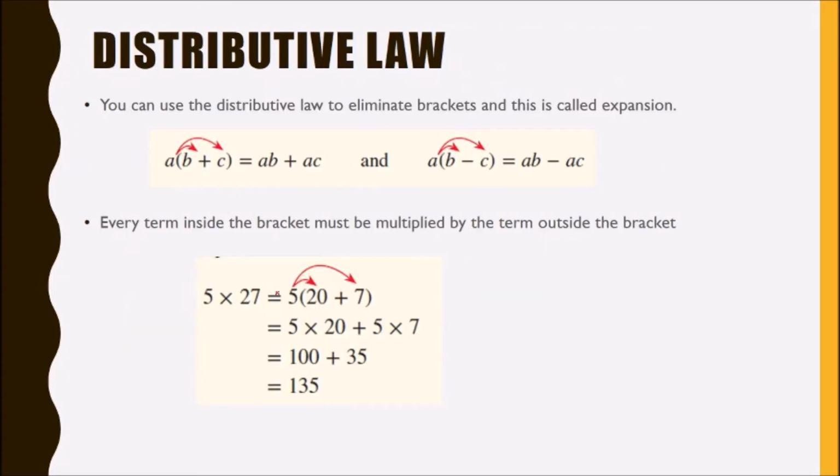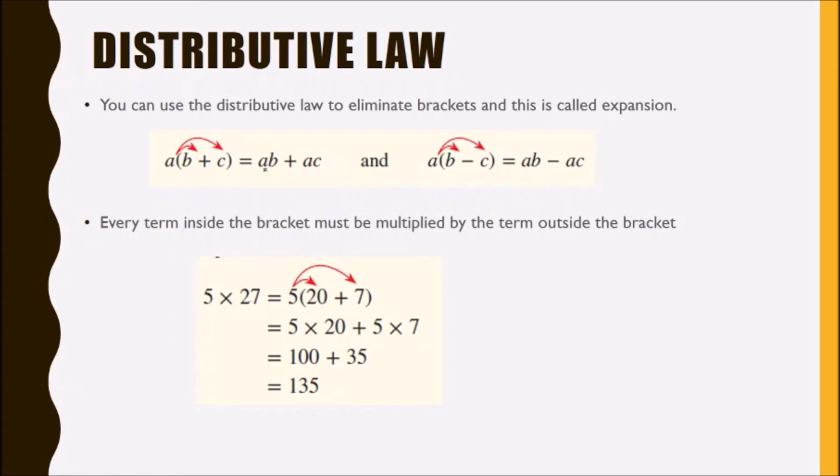Now I'm going to go into it in more depth, so don't worry if you didn't get it in the previous slide. We're going to keep repeating what we're learning. So this is the distributive law, and this is how we can eliminate brackets through expansion. So over here, A times B equals AB, and A times C equals AC.